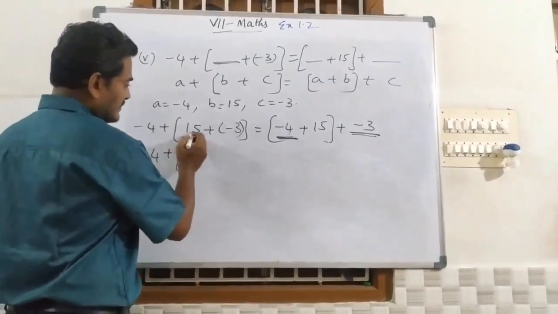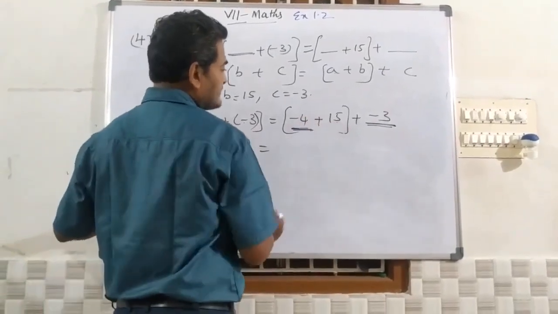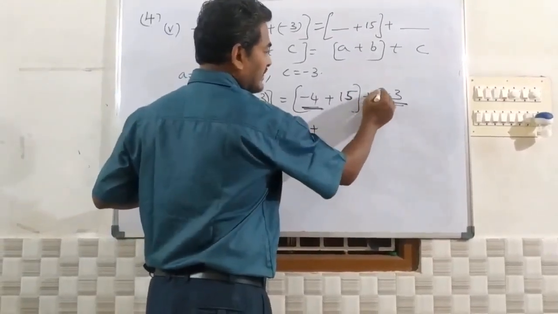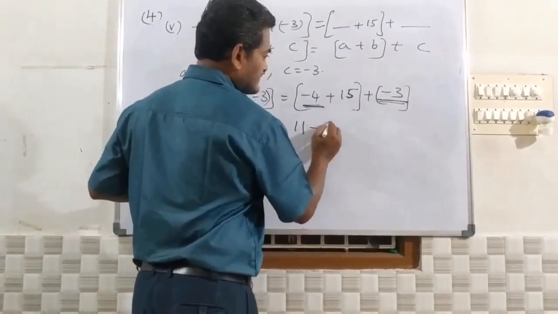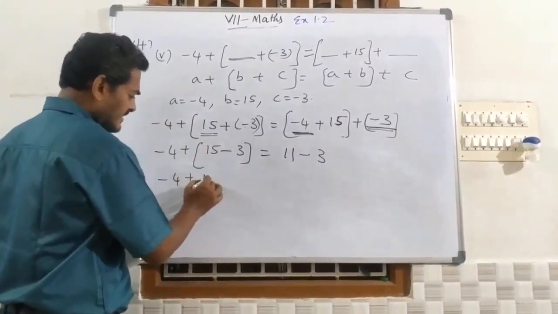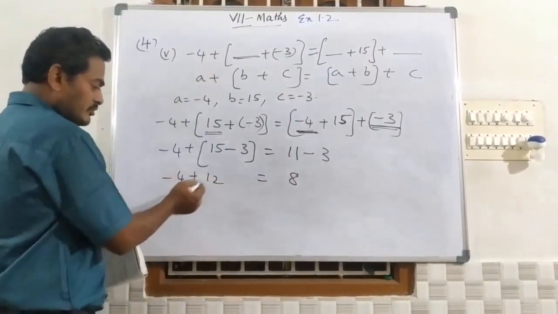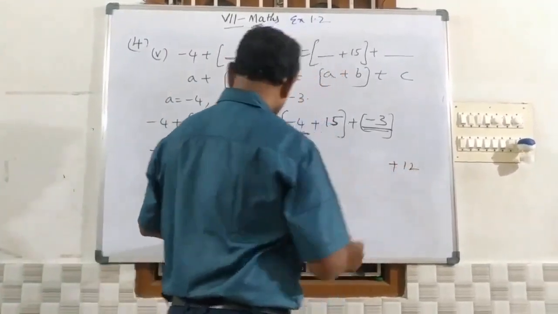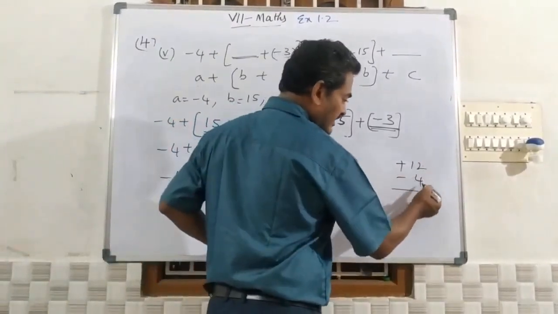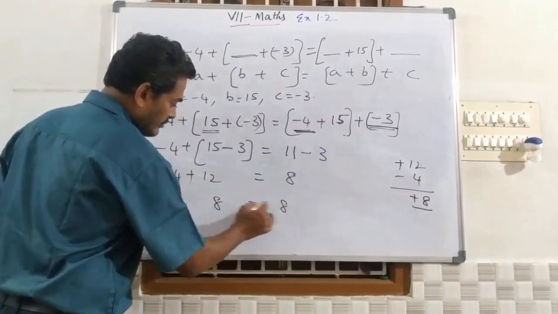Minus 4 plus 15 plus minus 3: 15 minus 3 is 12, and 12 minus 4, different symbols, so we go for subtraction. 12 minus 4 is 8, with the greater number's symbol, plus. On the other side, minus 4 plus 15 is 11, minus 3 is 8. So 8 equals 8.